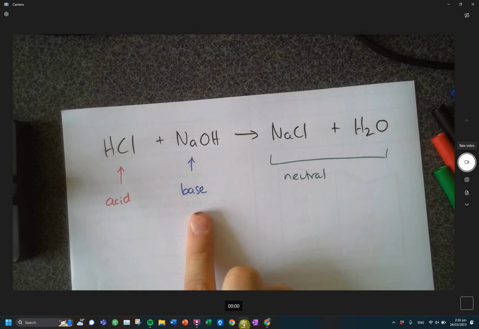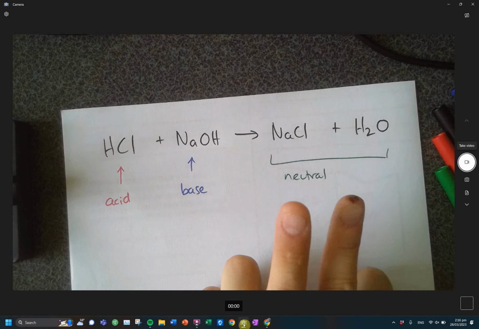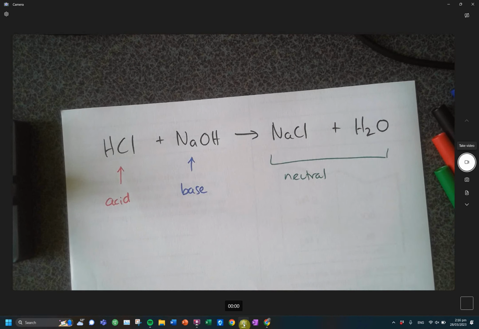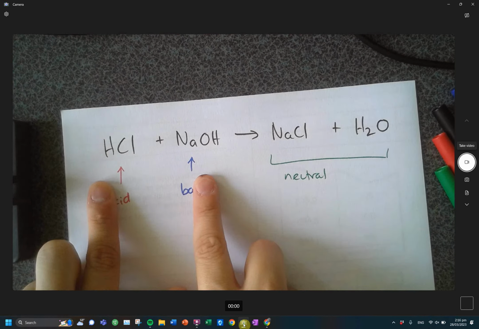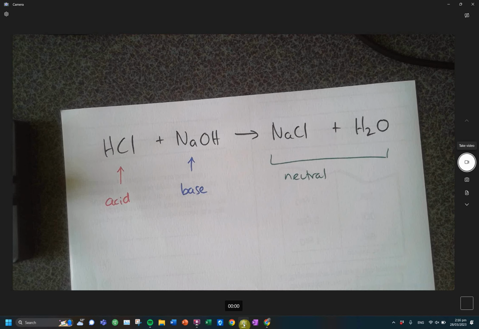It wasn't balanced. I had way more base than I had acid, so when I go to do the calculation, it won't work. So it needs to be neutral in order for this to work, because the only situation that the solutions are going to be neutral is if my acid and my base equal each other, and if my acid and base equal each other, then I can use it for my calculations. So this is the idea of what we're talking about when it comes to titration.